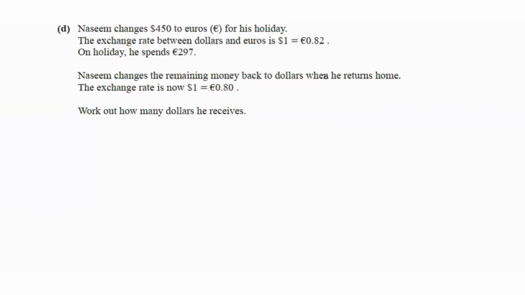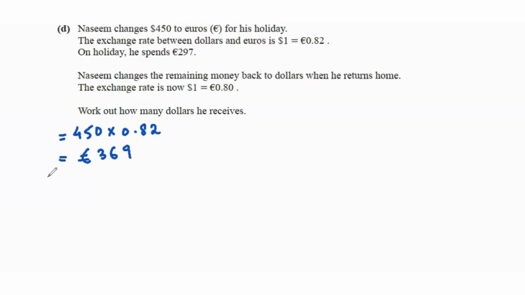So let's start with this. First, we're going to find how much money he has changed to euros. That's going to be 450 times 0.82, which gives us 369 euros.